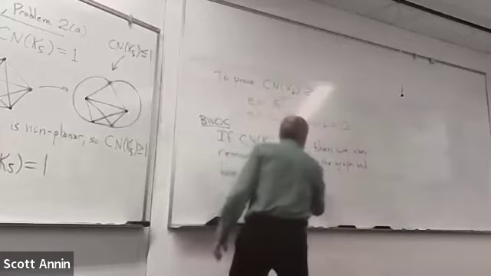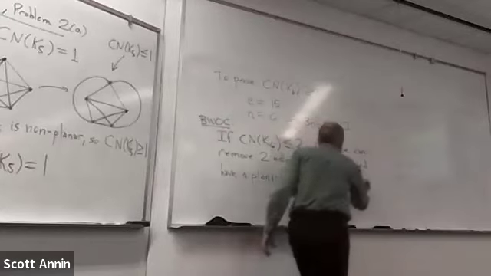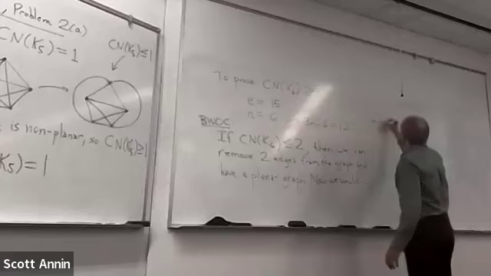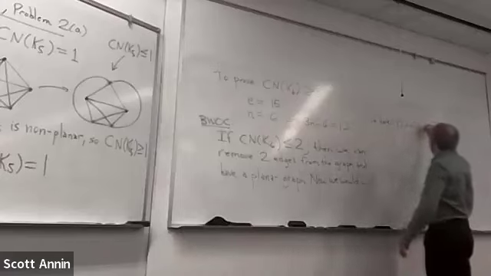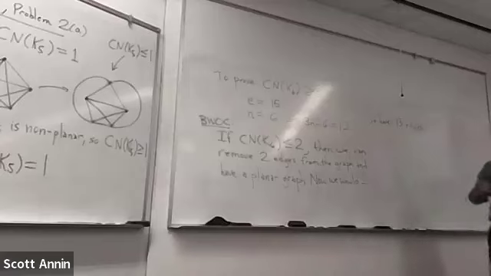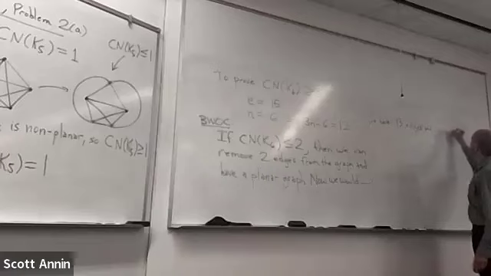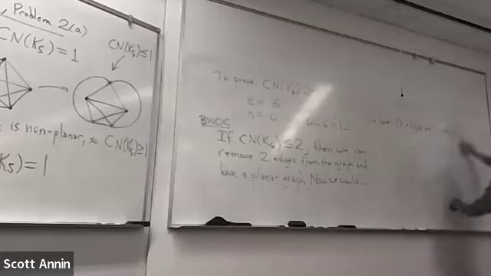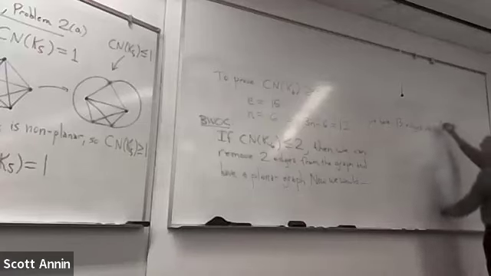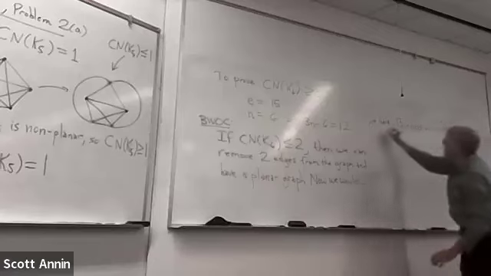So we would have 13 edges, and the graph, I'll call it G because it's not K6 anymore, should be planar.